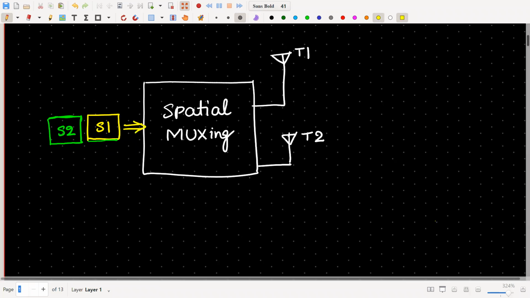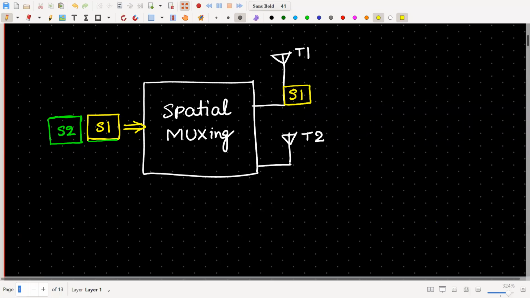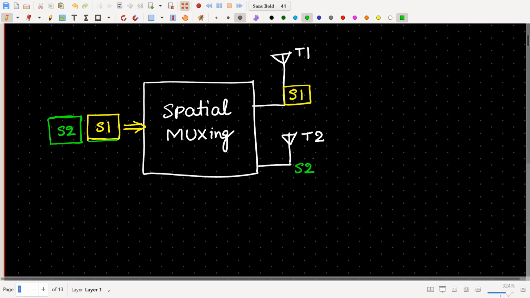Now, with spatial multiplexing, the beauty is that transmitter antenna 1 will transmit symbol S1, and T2 will transmit symbol S2. Over the same bandwidth, initially you were transmitting a single symbol, but in this case, you're transmitting two symbols.